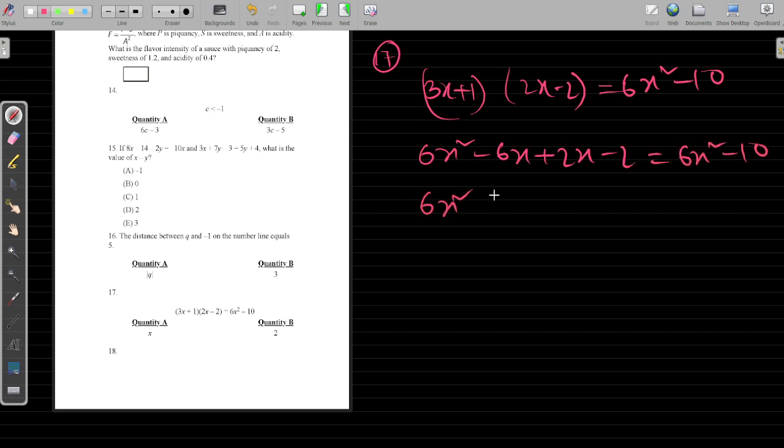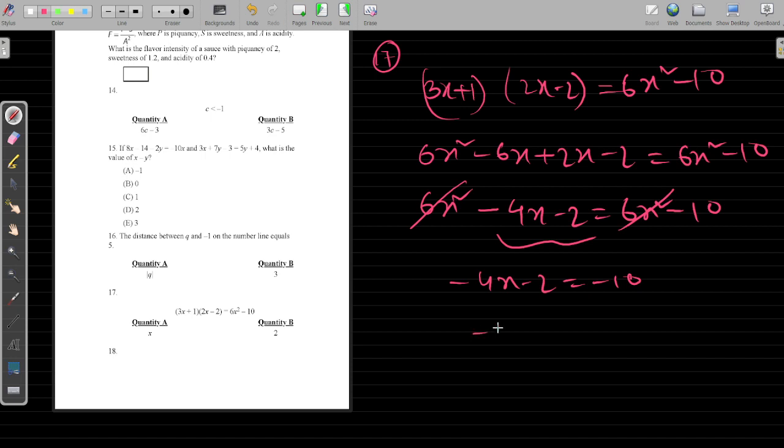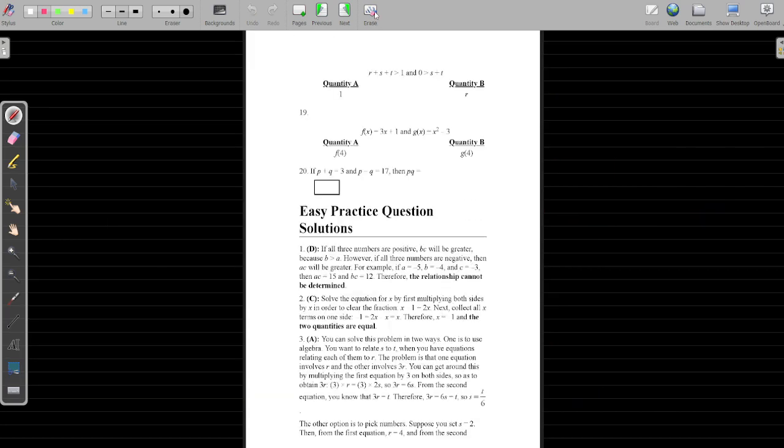So 6x square minus 4x minus 2 equals 6x square minus 10. So this portion and this portion are cut down. So minus 4x minus 2 equals minus 10. Then minus 4x equals minus 8. Then I will get x equals minus 8 by minus 4 means 2. So this is the answer. So they are equal. Now question number 18.